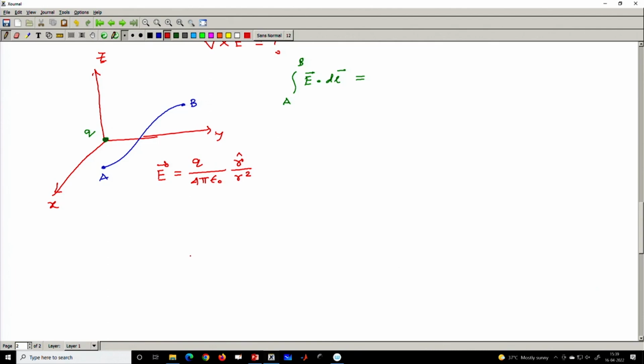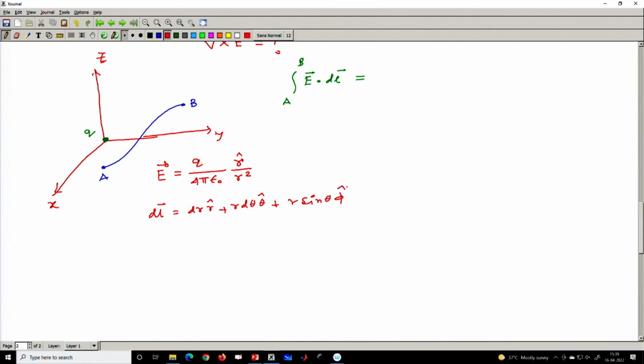The vector field is given in the spherical coordinate system. Because of that, whatever line element I draw here should be in the same coordinate system, and we know how to write the line element in spherical coordinates. It is dr r unit vector plus r d theta theta unit vector plus r sin theta d phi phi unit vector.